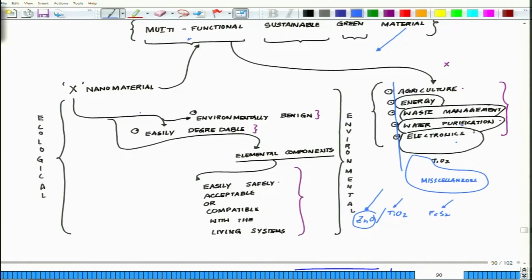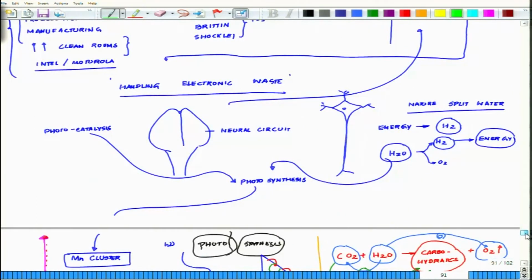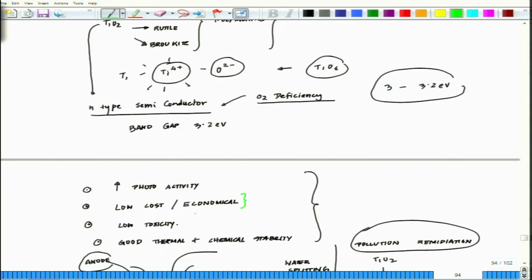Yet, these are some of the properties that have to be kept in mind. They should be environmentally benign, easily degradable, safe, acceptable, compatible with living systems. Along with some of the other aspects which I highlighted out here: low cost, low toxicity, good thermal and chemical stability.